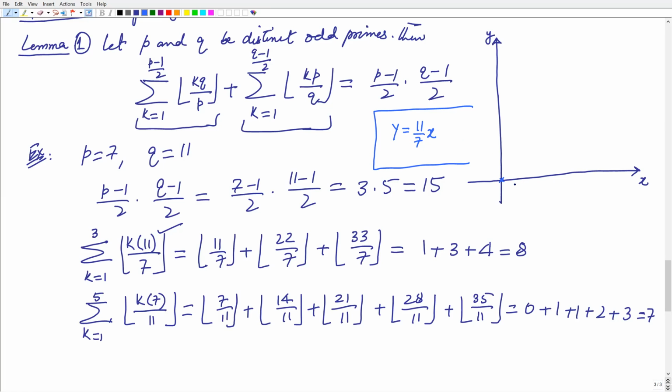So this is 1, 2, 3, 4, 5, 6, 7, and 1, 2, 3, 4, 5, 6, 7, 8, 9, 10, and 11 somewhere here.